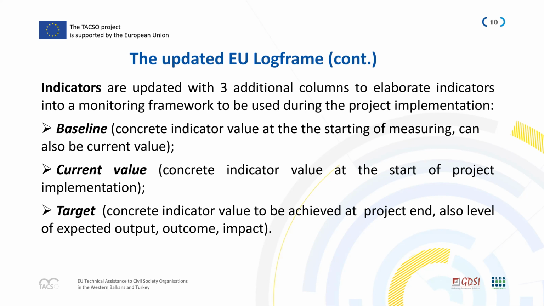Baseline is expecting to provide a concrete indicator value at the starting of measuring. However, this can also be our current value from the point of our project proposal, meaning the indicator value at the start of the project implementation.